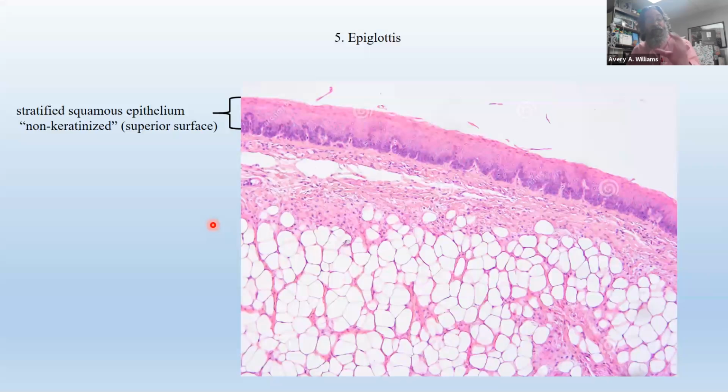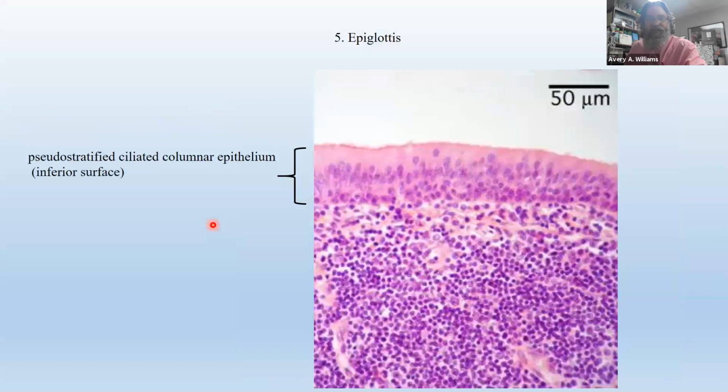Now, we saw stratified squamous, remember, on the skin, but it didn't look like this. This doesn't have that dry flaky layer, so you know it's non-keratinized, okay? This is the other surface, the inferior surface, where you have the PCC, pseudostratified ciliated columnar epithelium. Get it? PCC. Here it is. These are columnar cells, but then you have these underlying basal cells, all right?